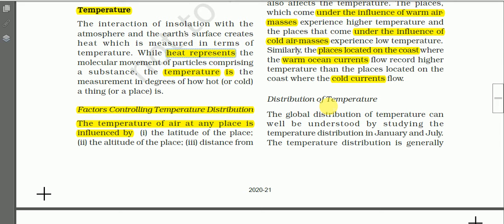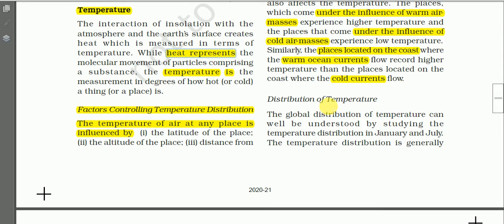See, when a substance gains energy, its particles move faster and temperature rises. By contrast, when energy is lost from a substance, the atoms and molecules vibrate more slowly and temperature drops.